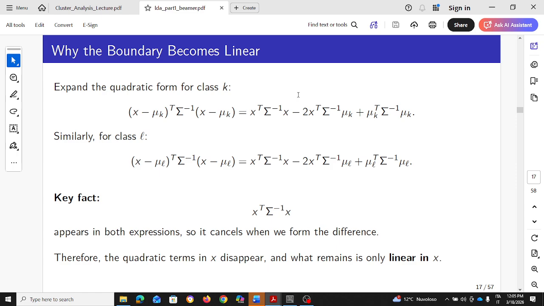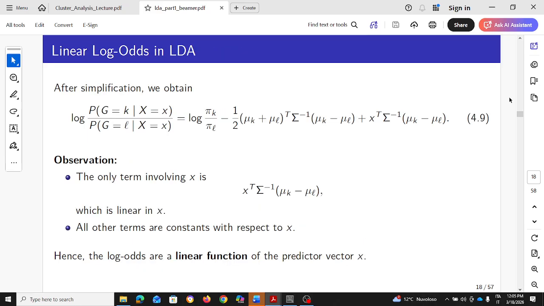So in class K minus class L, these terms all factor out. This is the quadratic part. This quadratic part will cancel out, and what remains is the linear discriminant analysis again.